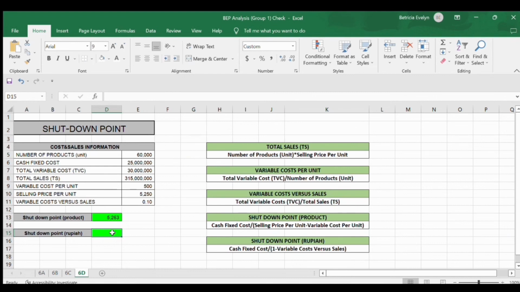And the next one is shutdown point rupiah. The formula is equal cash fixed cost divided by open bracket 1 minus the variable cost versus sales, close the bracket again, and then you can see the answer.